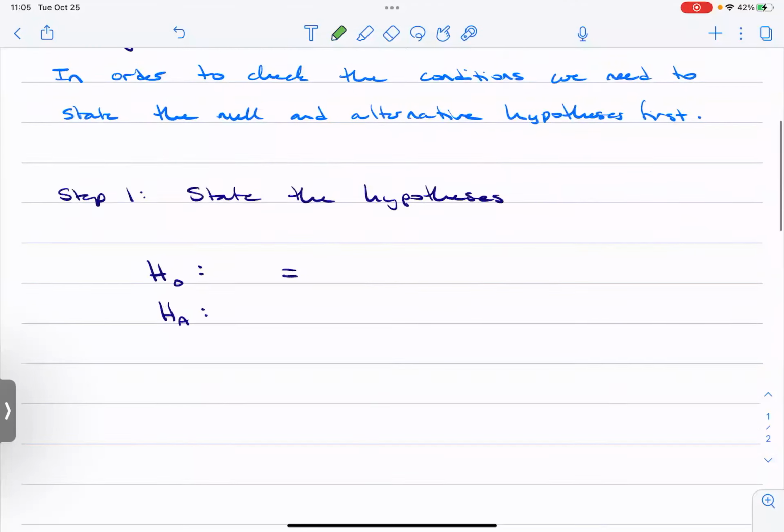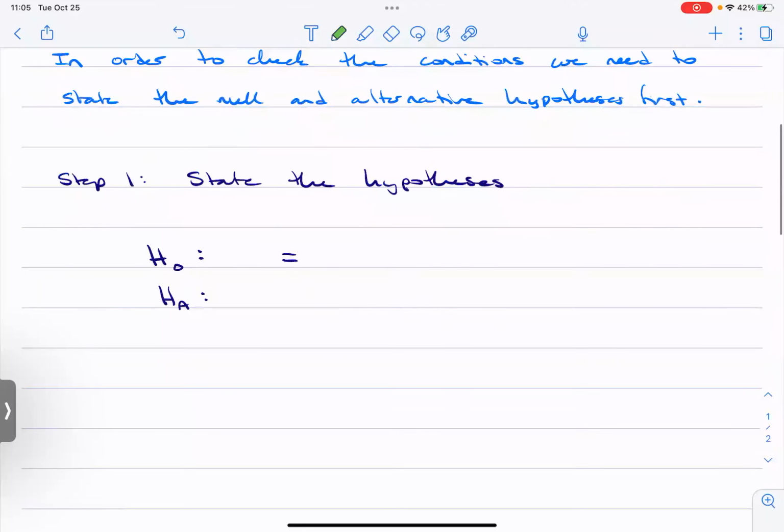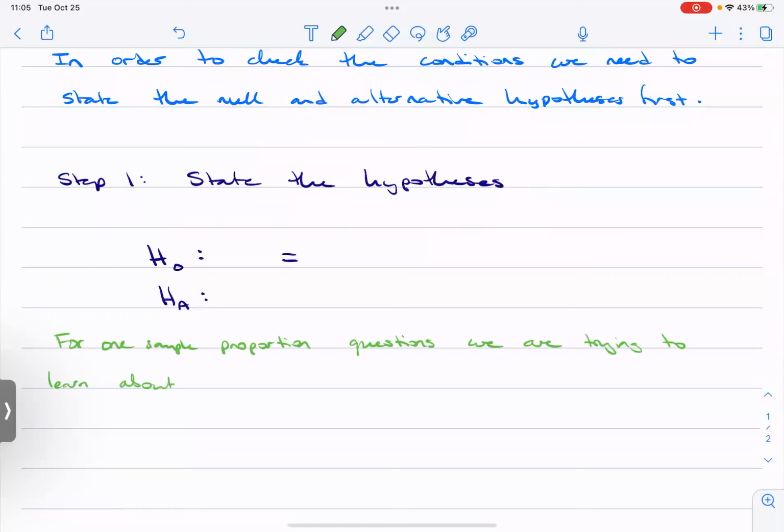So here, I'll say for one sample proportion questions, we are trying to learn about the population proportion, P, which means that is what we're hypothesizing about. So P goes here.